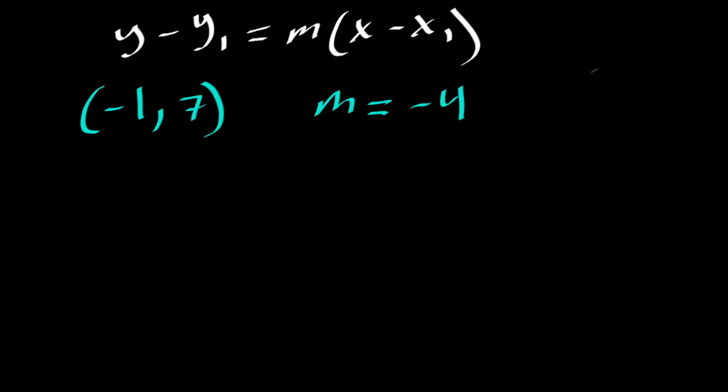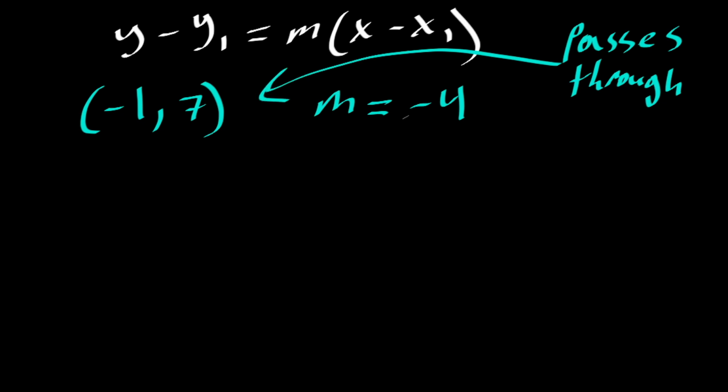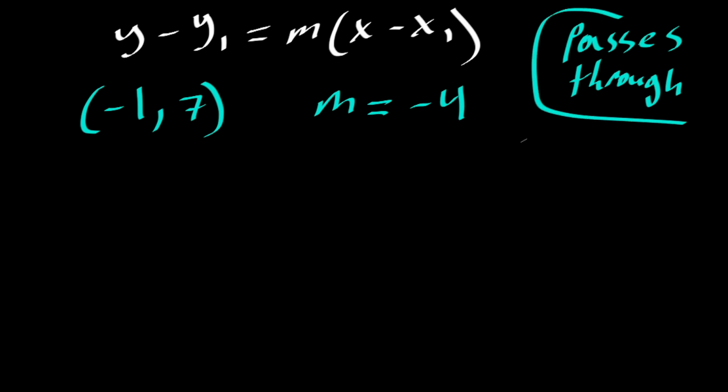You could also hear this worded as passes through this point with a slope of -4. It's all just a matter of how the question's worded, but basically our job is to find the equation.